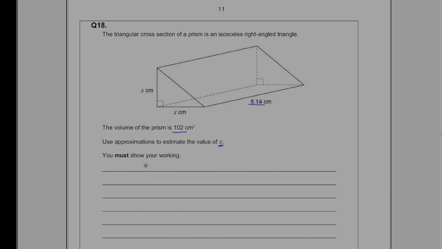Right, so the volume, to find the value of x. So first of all, I'm going to work out the cross-sectional area using an approximation. So the volume of a prism is equal to the cross-sectional area times by the length.